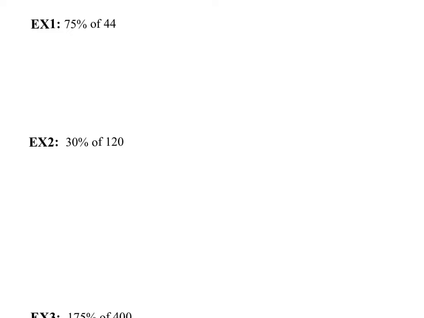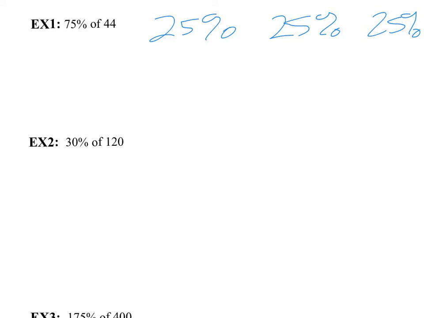In example number 1, we have 75% of 44. So now in this case, we can break it into 3 sections. So in this case, if I broke it down to 25%, okay, so since I take the 44 divided by 4, the value breaks down to 11.